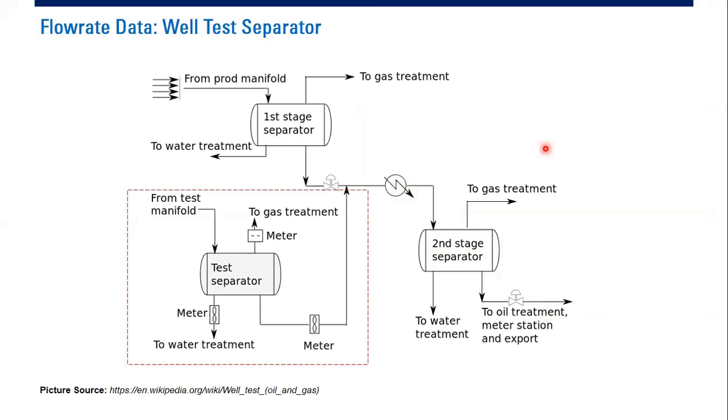Again, this is a schematic of the well test separator. For example, if we have all production from all the wells gathered in the production manifold, it can go to the production separator, from which the water will go to the water processing facility, and later on water will be injected again into the reservoir, and gas will go to gas treatment.